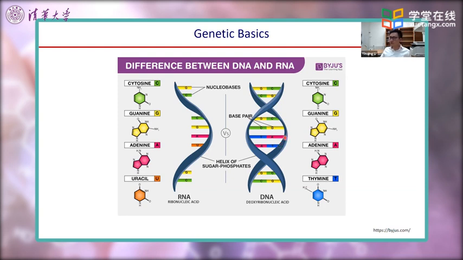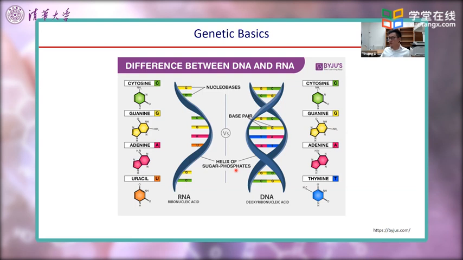Regardless, both RNA and DNA follow very simple base pairing rules, namely base G pairs with base C, and base A pairs with base T in DNA. In the case of RNA, base U pairs with base A. So these pairing rules form the basis of genetics.